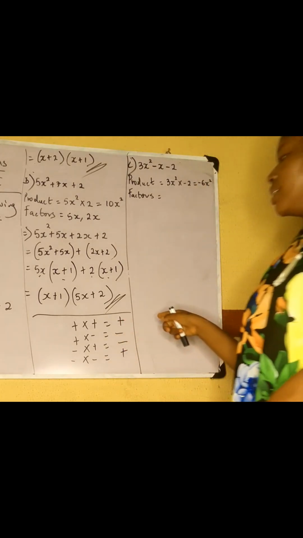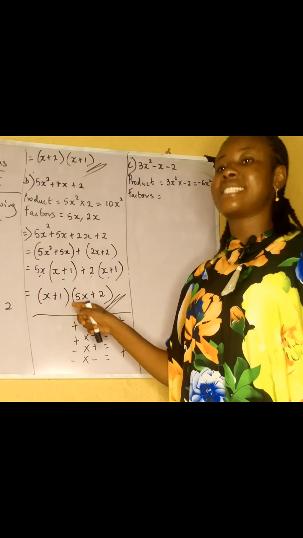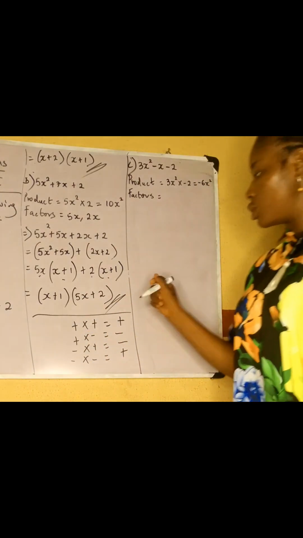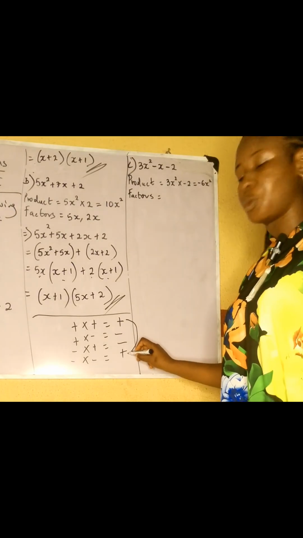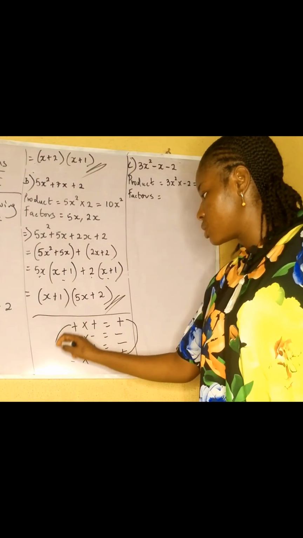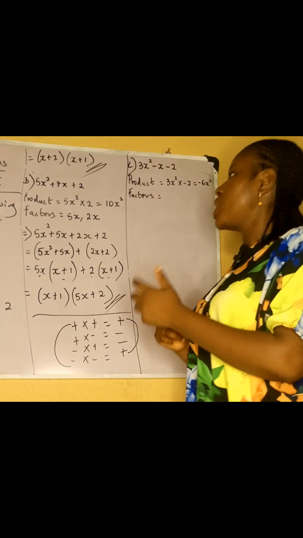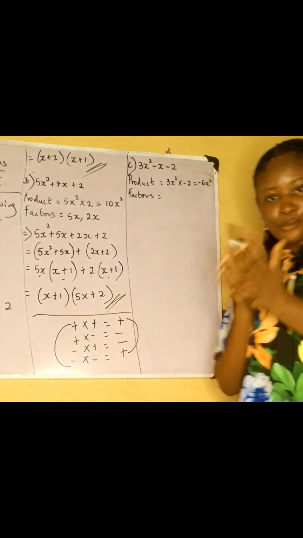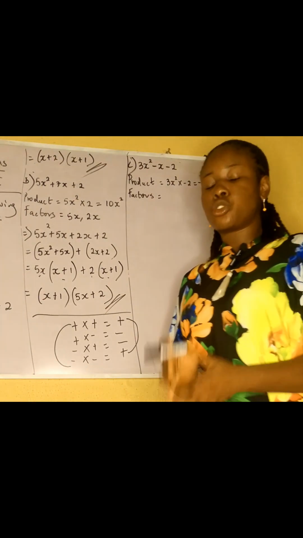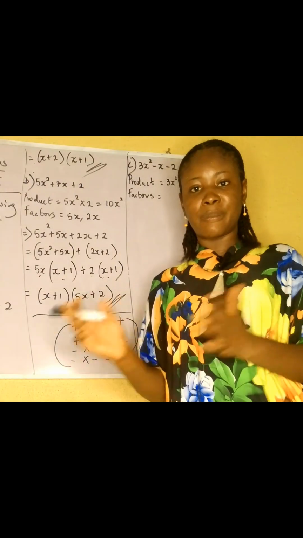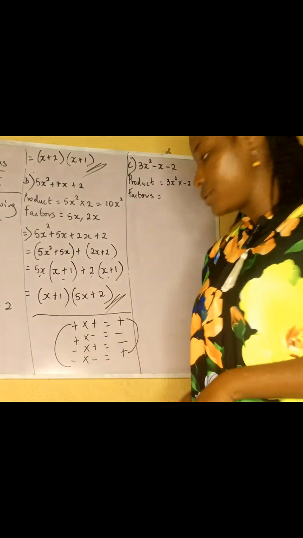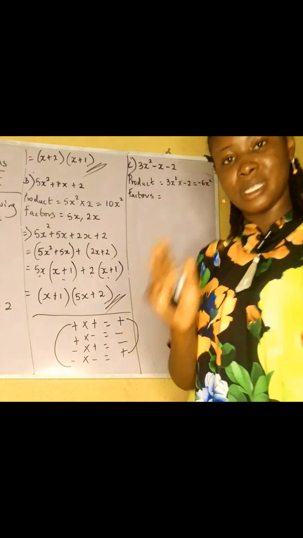Now, this thing will guide us here. If you notice, the only time you can have positive products is when the two things you are multiplying are the same sign. So when your product is positive, the two factors are going to be positive, or the two factors are going to be negative.